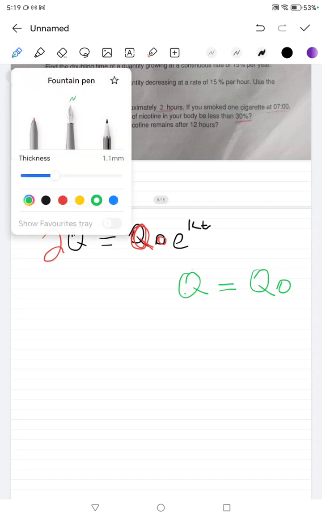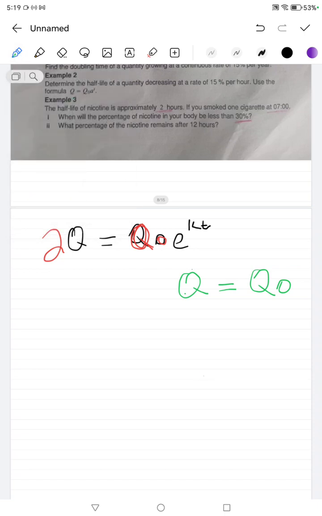So now we can come again and say, what do we have? We have twice the Q0 is equal to your Q0, then we have e to the exponent kt.